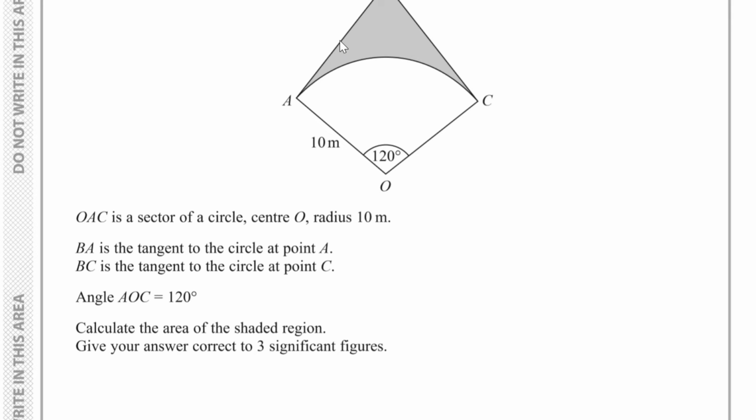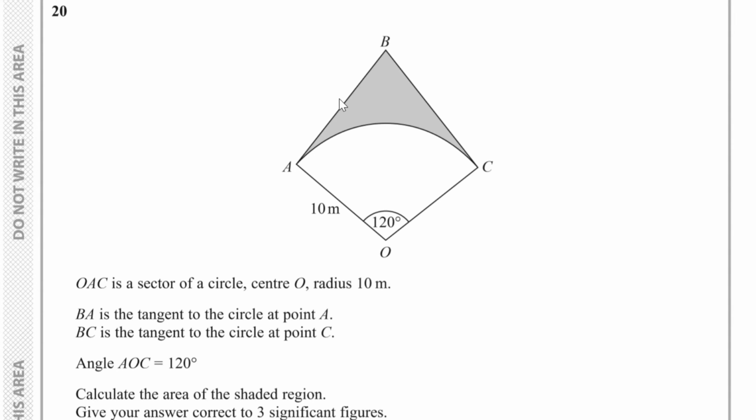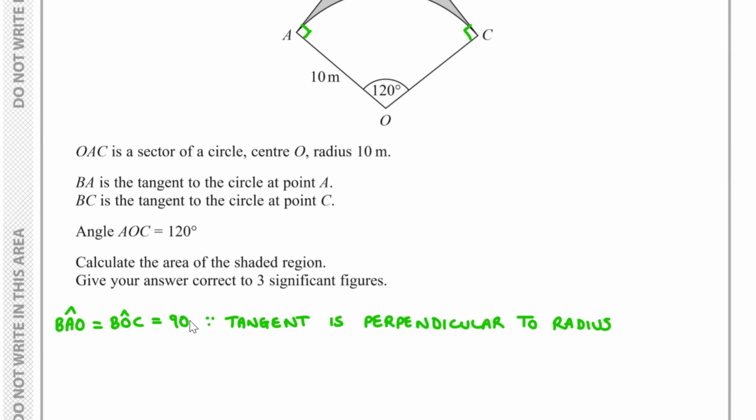So to do this, well, what we can first of all recognize is that the radius and the tangent are perpendicular to each other. So that means that this angle here is 90 degrees, this angle here is 90 degrees, because the tangent is perpendicular to the radius.